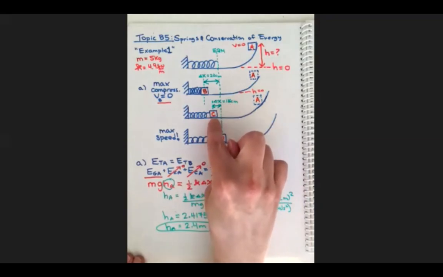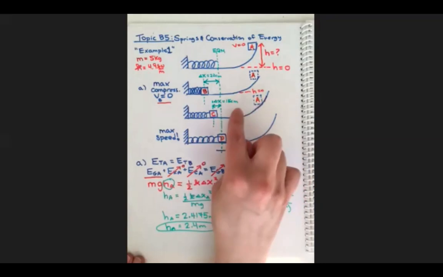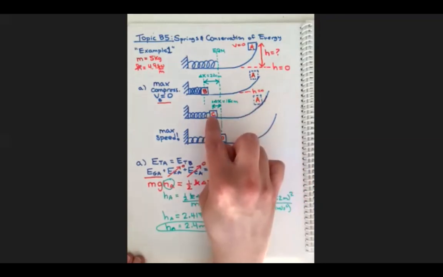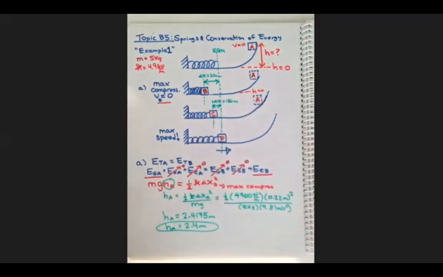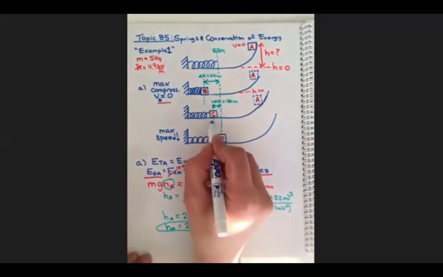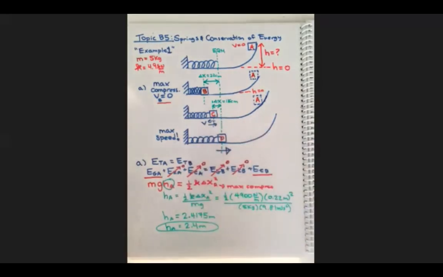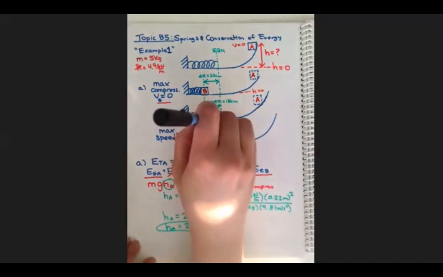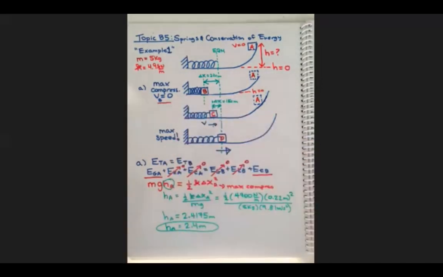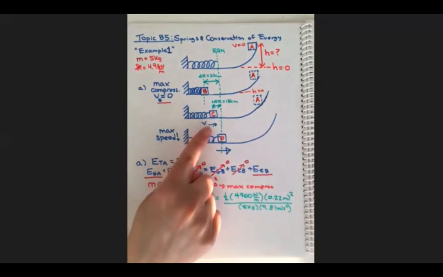It actually doesn't matter if you're thinking of it as the speed at 15 centimeter compression that happened before or after. So in other words, it doesn't really matter if you're solving for that speed or that speed, it would be the same. I think for me, it makes the most sense, especially the way I drew those diagrams, to think of it as the speed that's going to the right at that point.